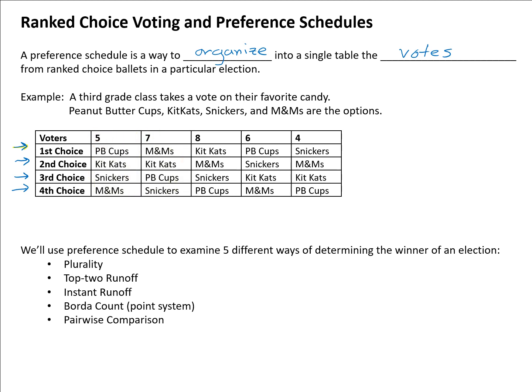Now I do want to point out that you may notice that there are preferences or rankings that aren't here. For instance, if this were me doing this, I would choose Snickers, I'm just going to abbreviate, and then I would choose peanut butter cups, then I would choose Kit Kats, and M&Ms last.